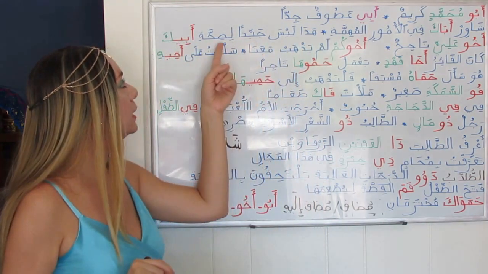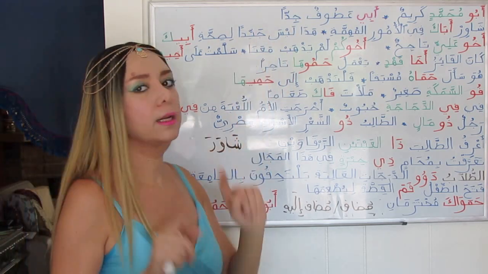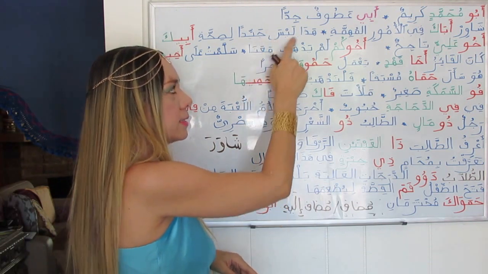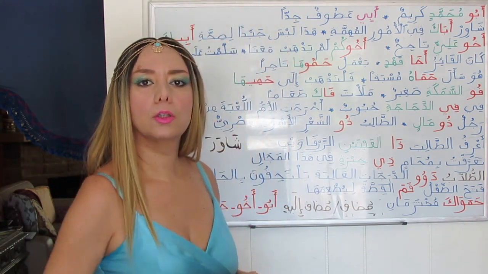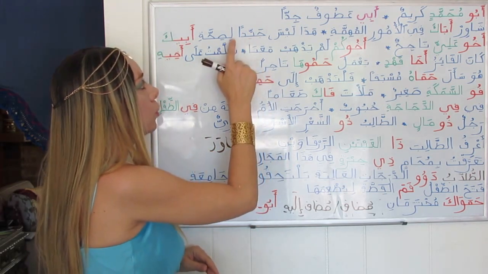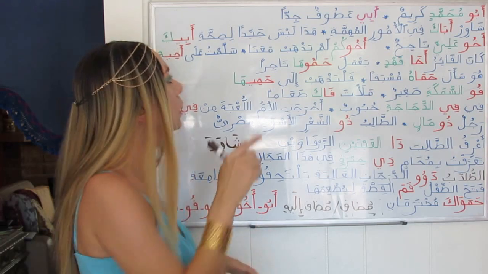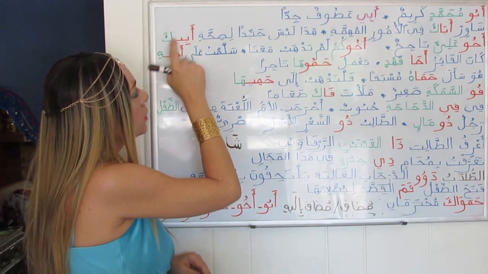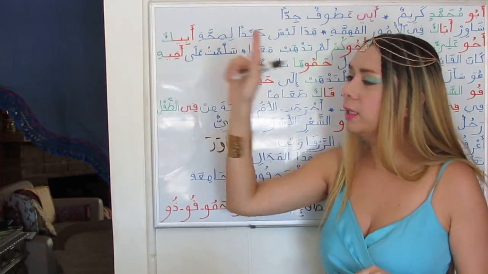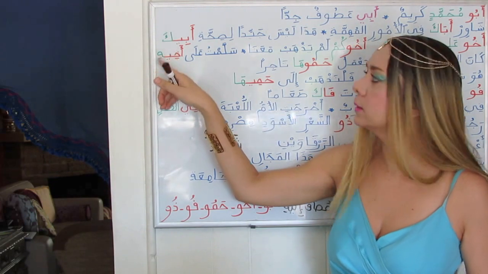هذا ليس جيدا لصحة أبيك. هذا ليس جيدا. This is not good. ليس, remember, the verb of negation. This is not good for li, the preposition li, لام الجر, for your father's health. Here abika is in the genitive and the sign of this case is the ya. Alright?